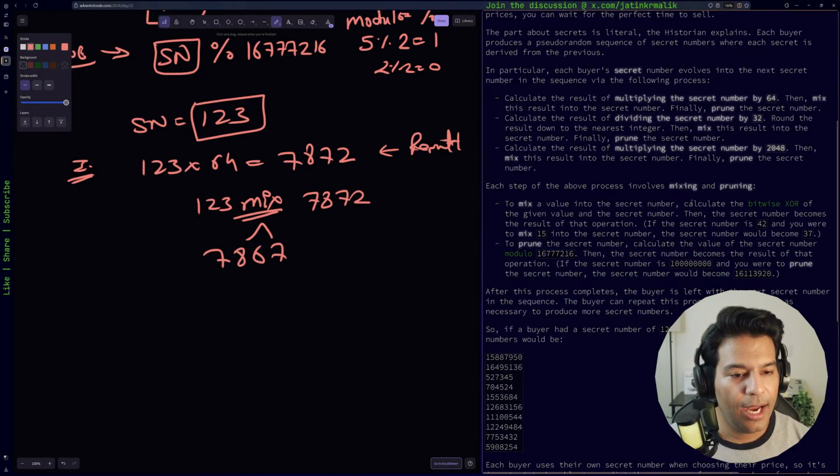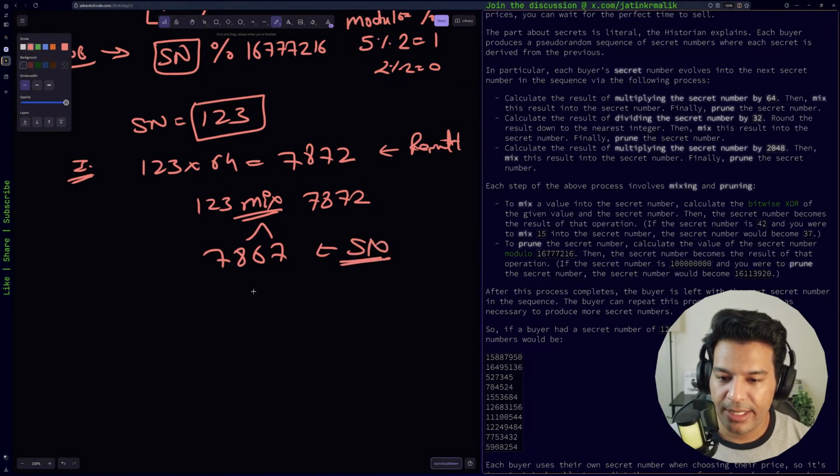Then finally we prune the secret number. In the example, if the secret number is 42 and you mix 15 into it, it becomes this. So this is our new value of the secret number.